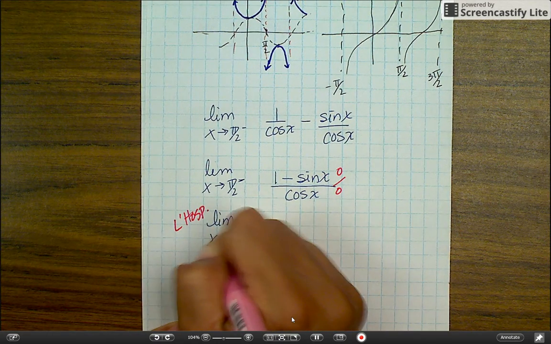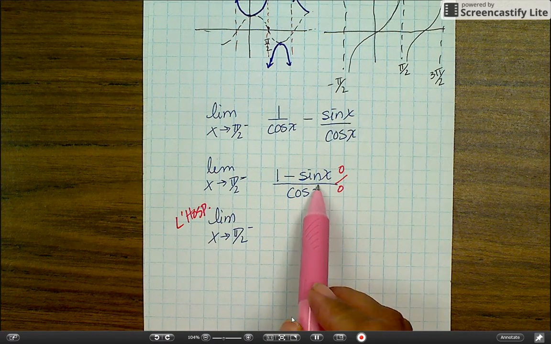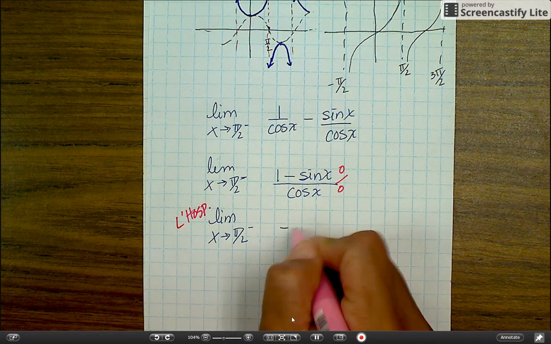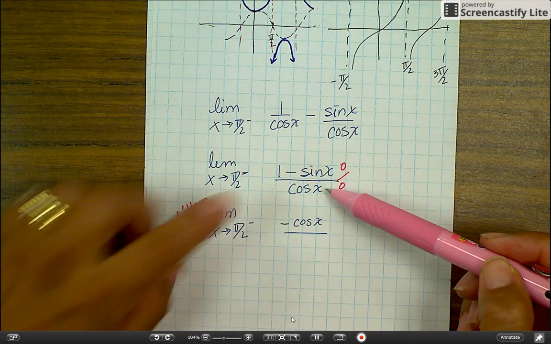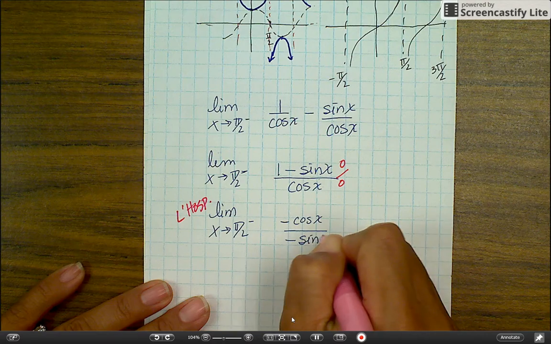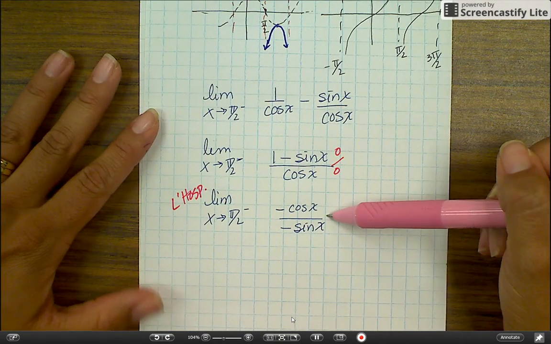Limit as x goes to pi over 2 from the left. And when I do that, I take the derivative of my numerator, which is going to be negative cosine x, divided by, I take the derivative of my denominator, which is negative sine x. Now, this is the same thing as positive cotangent x.